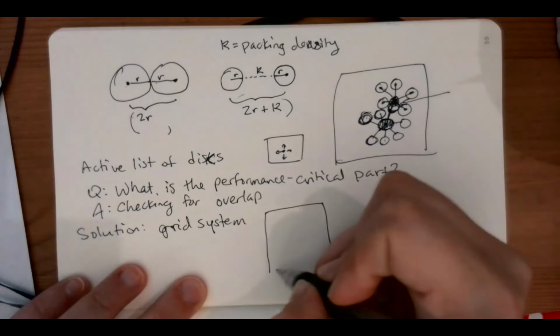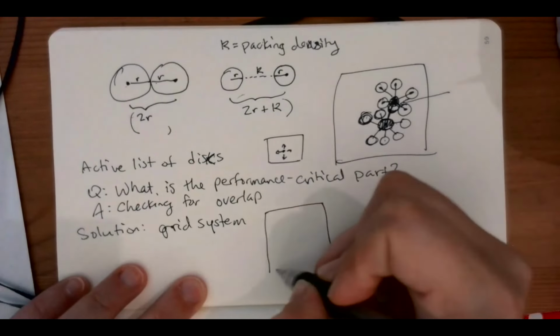We just divide our space up into a grid of locations, and every disk that we place is going to occupy some number of those cells. So in this case, it occupies this one, this one, this one, and so on. So there are 9 grid positions that would now be considered occupied by this disk.